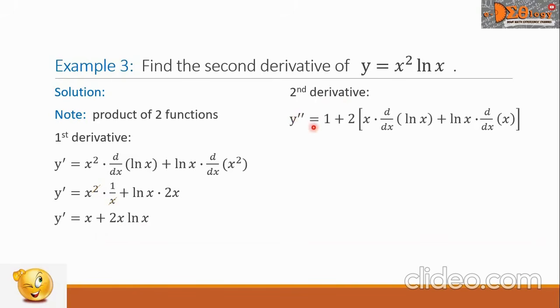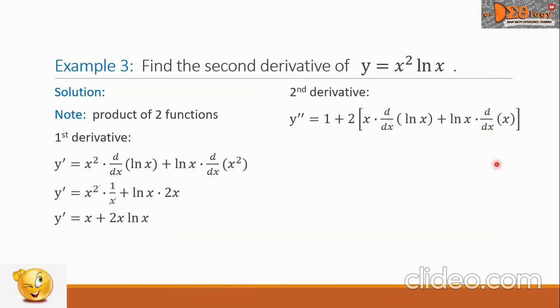This is equal to, the derivative of x is 1, then plus, let us write the constant outside, and we will take derivative for x and ln x. So we copy first the x here and take the derivative of ln x. Plus, we copy the second function ln x times the derivative of that x.